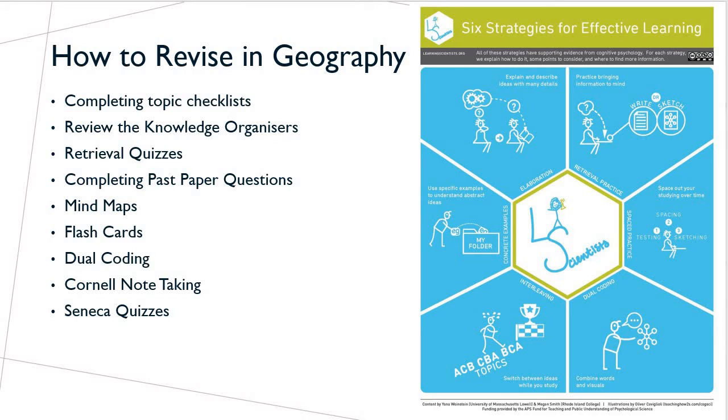Just a few other little final hints and tips from me is just how to revise in geography because this is something we hear a lot. I think because it is quite content heavy, it's how do we revise? Where do we start? One of the first things I would recommend is completing the topic checklist that we have in our books. Every student has an outline of all the content covered for each topic. And I really think it's worth just going through those, reading each of the statements and thinking, am I confident with that?